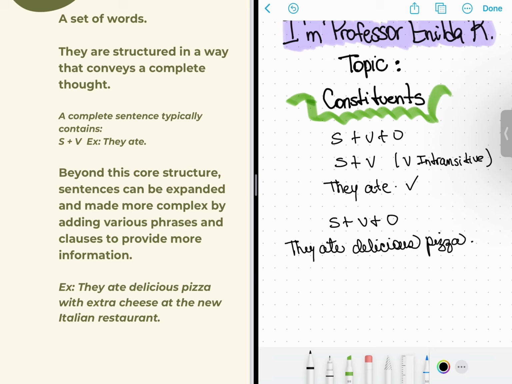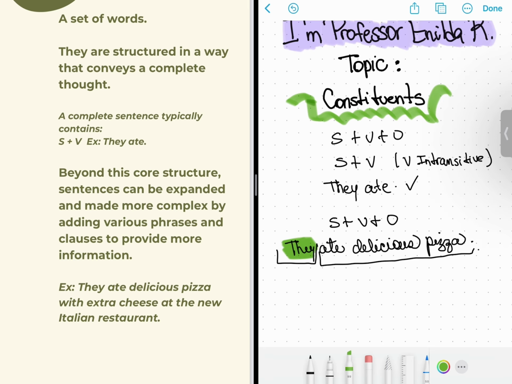You should know that a sentence is divided into subject and predicate, right? The subject is from here to here, and the predicate is from the verb until the end of the sentence. And how can I identify this?